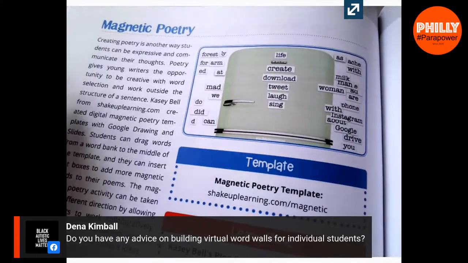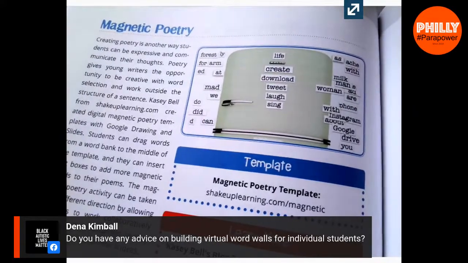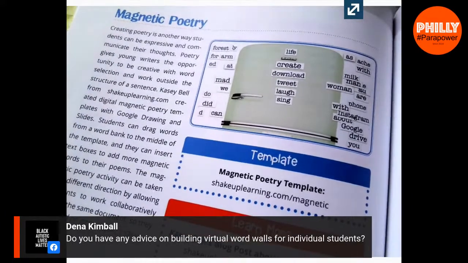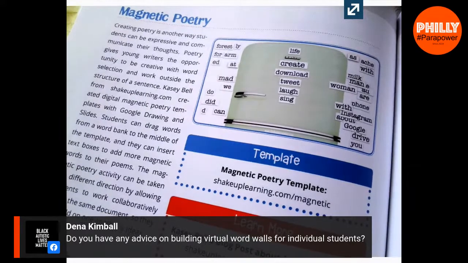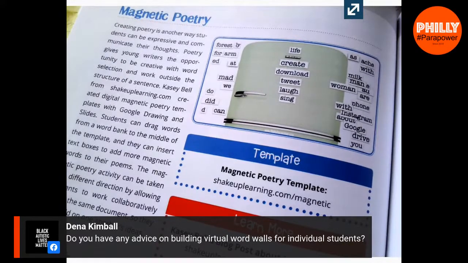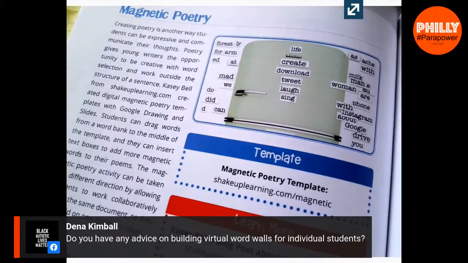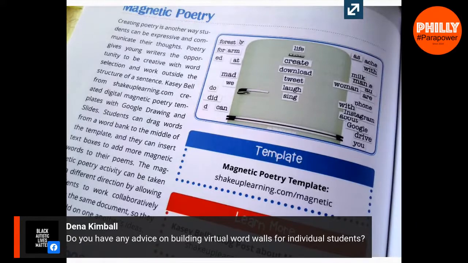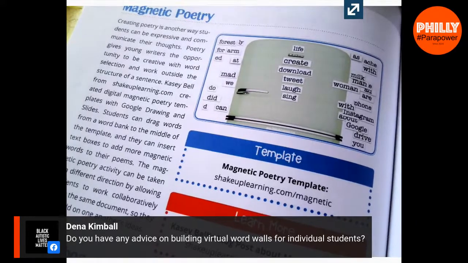You can do it in Google Drawing or in Google Slides. So if you go to Google Slides, let me see if I can pull one up real quick. If you go to Google Slides, on the outside of the sheet, you can put the words there and you can just lock it in. Let me see. Not Google Slides.